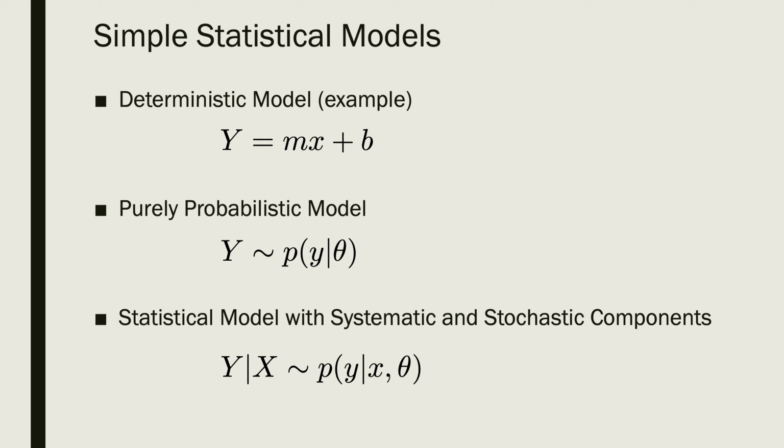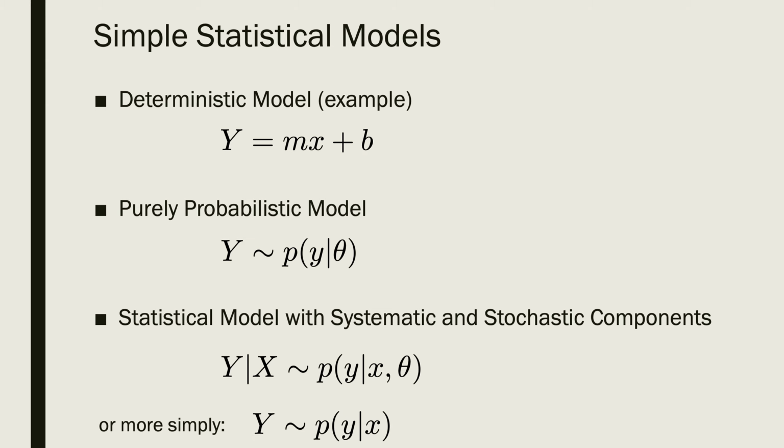We can model it as if there was a piece of data generating processes which are determined by a bunch of other factors, and then basically partition the data generating process into that systematic part, which can be described, and the stochastic or probabilistic components, which can also be described in terms of their overall random tendencies.